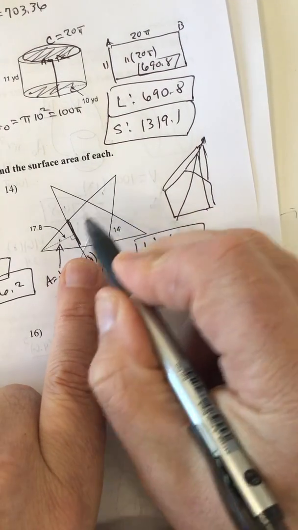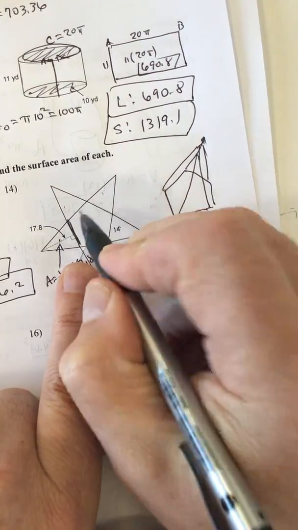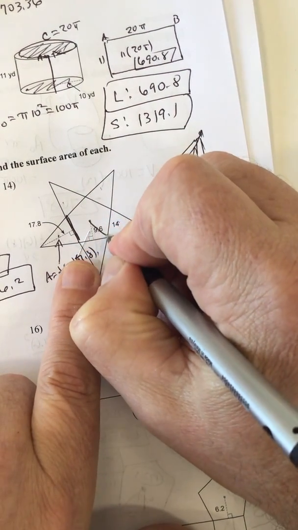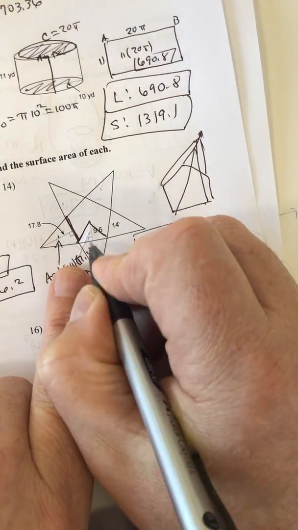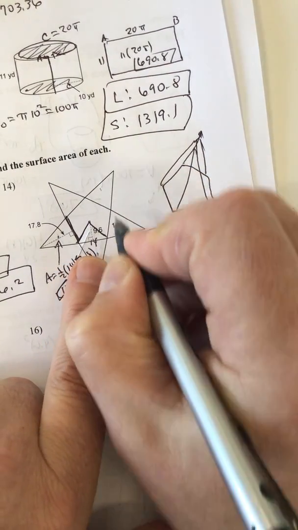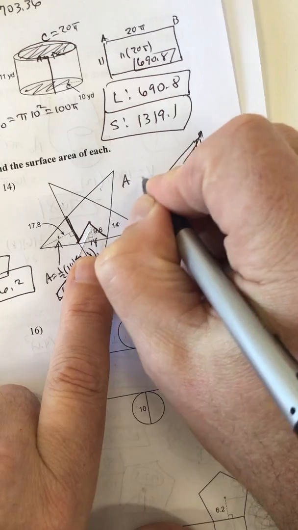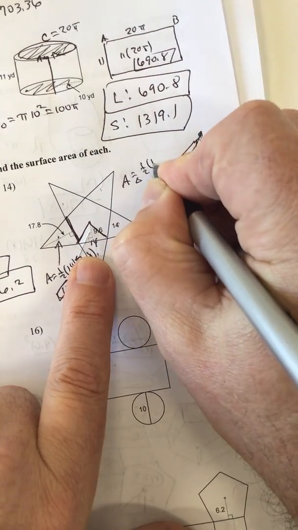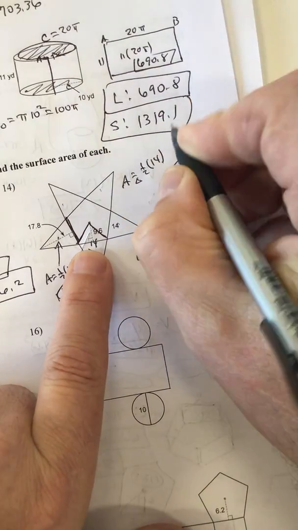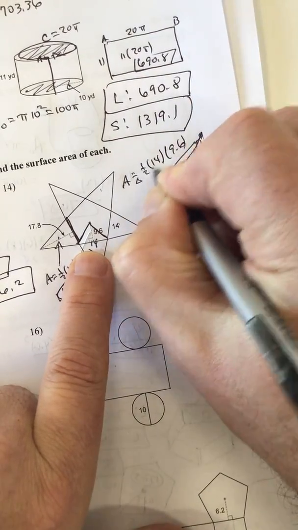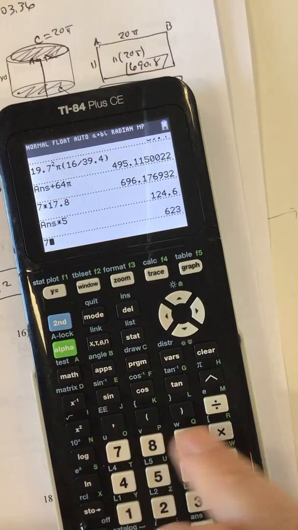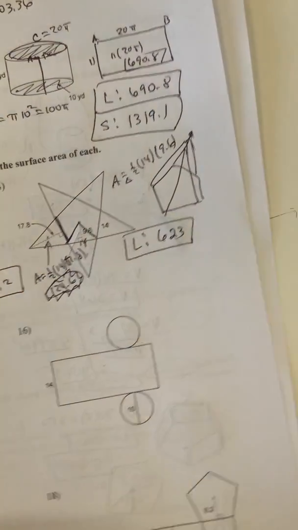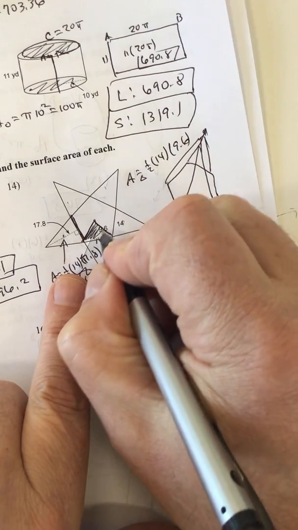And then I have to add in the area of the pentagon, the area of the base. Okay, how about I just do it right here? The base is 14 with a height of 9.6. So the area of this triangle is 1/2 times the base of 14 times a height of 9.6. So 7 times 9.6 is 67.2. That's this.